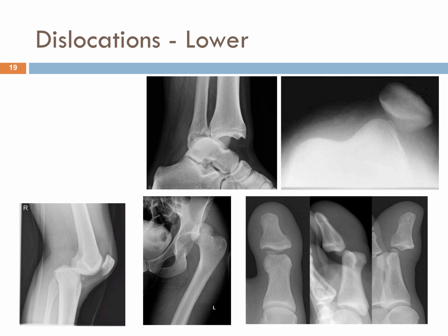Usually they do an x-ray beforehand just to make sure that they are true dislocations and not fracture dislocations. The image on the upper right hand side is a patella that's dislocated, and the bottom ones are toes.